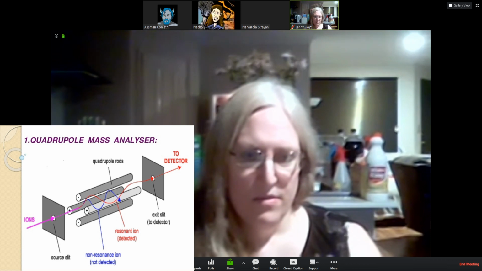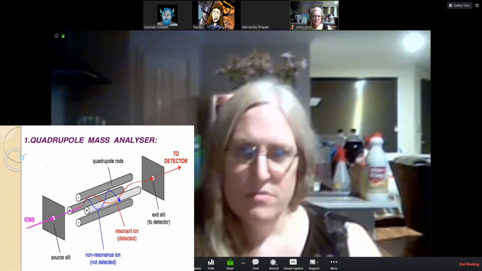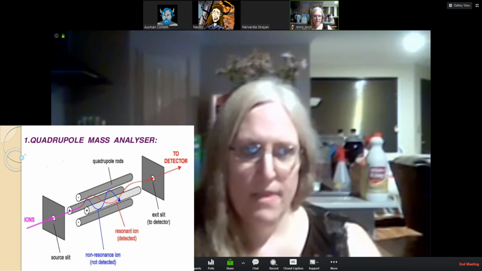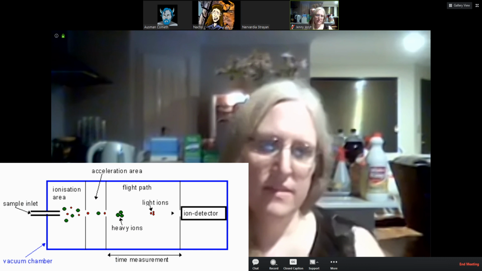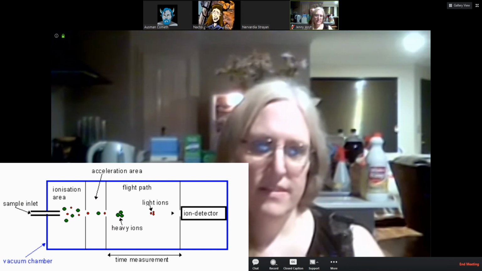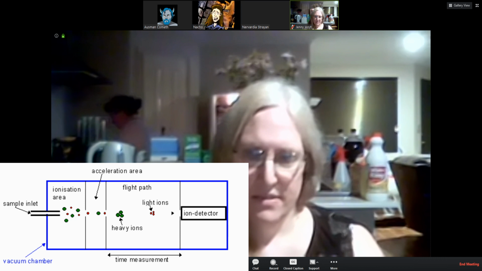So basically what time of flight means is that the bigger the molecule, the slower it goes towards the detector. That's how they can do a sort of chromatography kind of thing, where the smaller the molecule, the faster it goes.